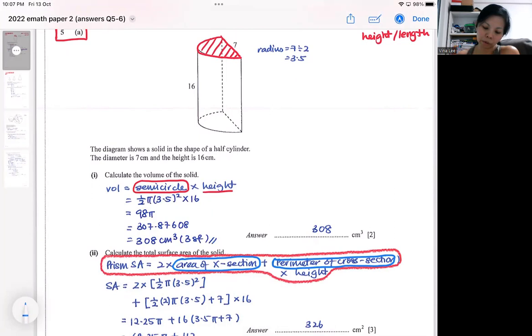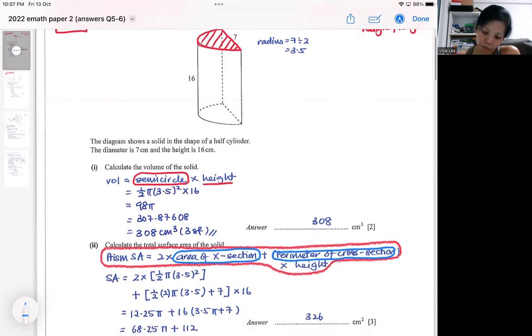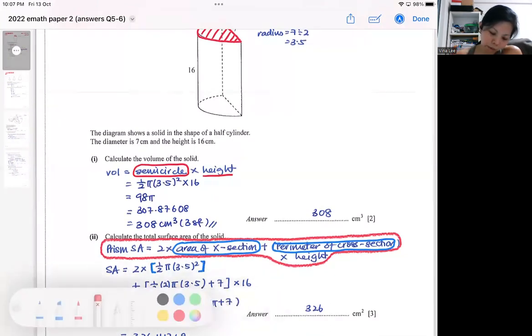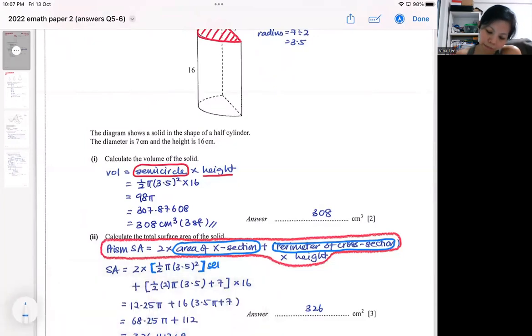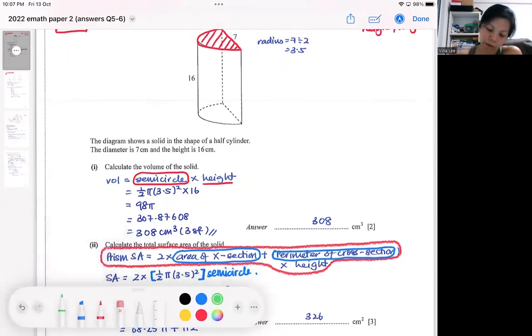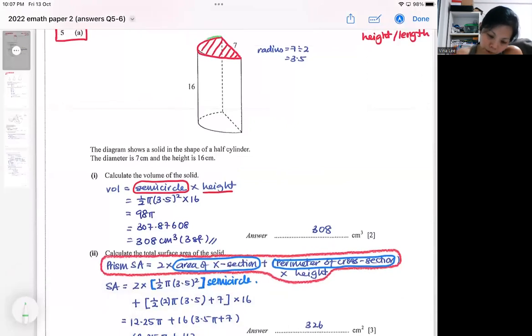So I'm going to try in this way. This one will be the area of the cross section, so that will be the semicircle. And then I'm going to do the perimeter. How am I going to do the perimeter? The perimeter will be the circumference and the 7 centimeter.